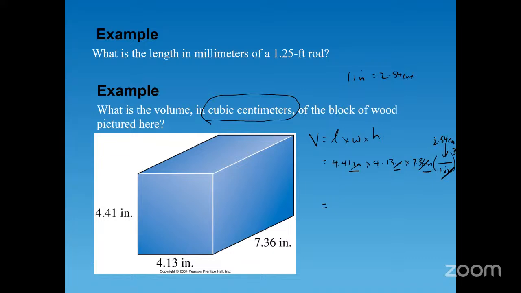So we're going to multiply 4.41 by 4.13 times 7.36 times 2.54, and this would have to be cubed. And when rounded out to 3 sig figs, the answer I got is 2.20 times 10 to the 3, and the units here would be centimeters cubed as required. And that's basically how that is done.